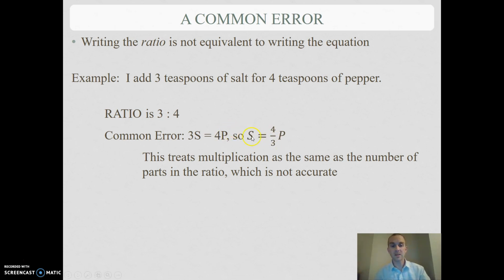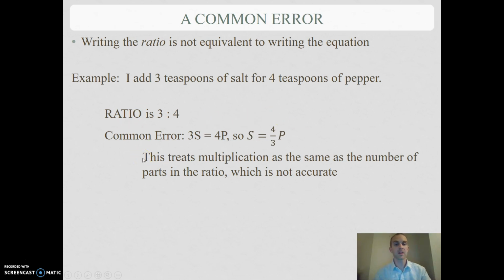The reasoning is that here we're treating this as multiplication. When we're looking at the ratio, we're saying 3 parts salt to 4 parts pepper. That's not the same as multiplying and saying 3 times the parts of salt equals 4 times the parts of pepper. It's a very different understanding. So we want to make sure we don't make this mistake.